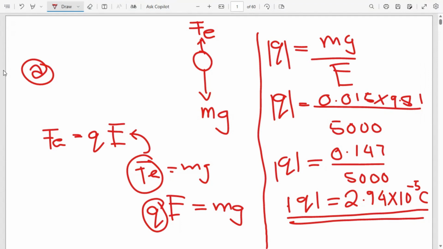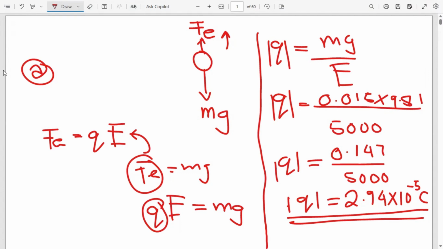So we're going to notice in the first case where the electric field is pointing up, for the ball to float, the electrostatic force must act upward. The way I've drawn this diagram, this force must act upwards to balance the weight of this particular ball, which is acting downwards. So what does that mean? That means the electric field must be in the direction of the electric force.